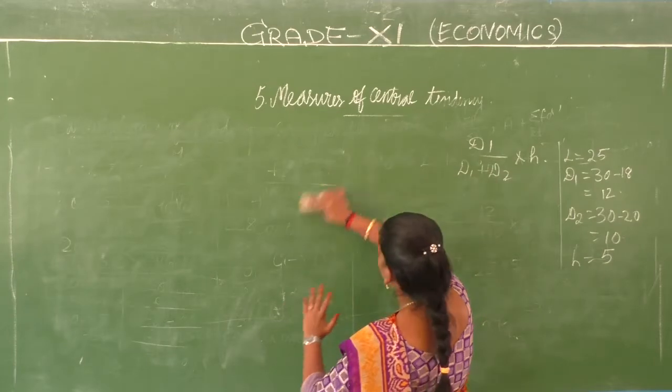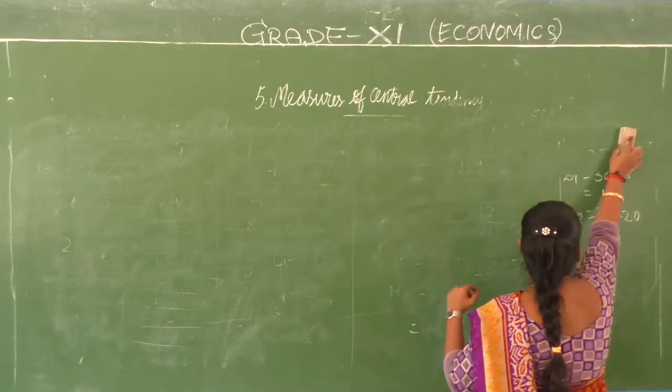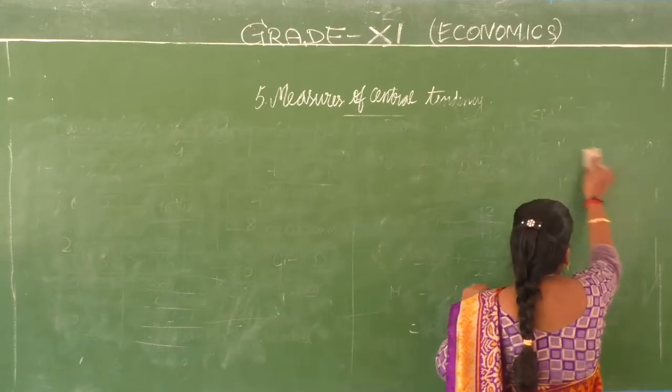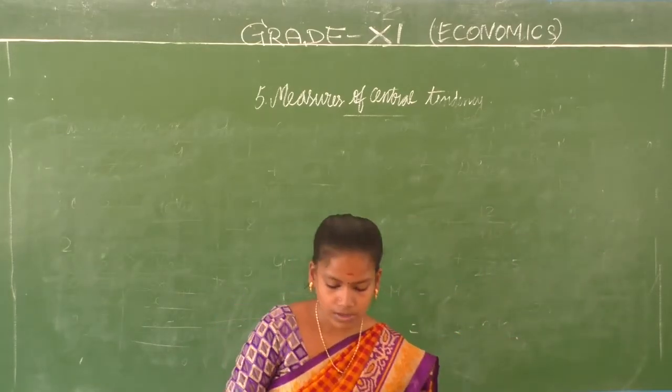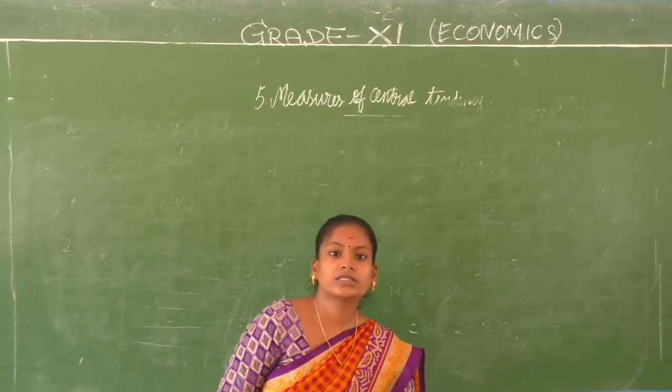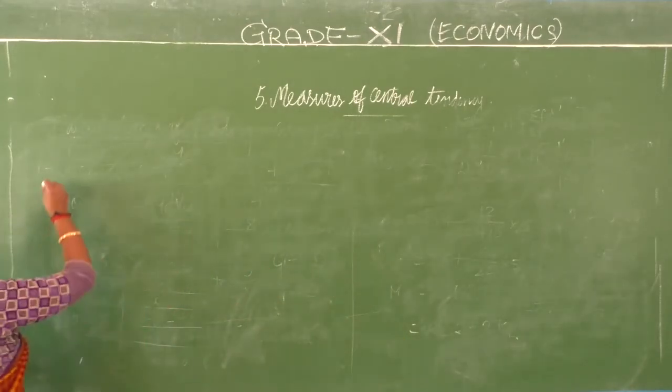I have a problem here. It's not from your book exercise. It's another problem that I found. So we are going to work it out. So what are the relationships we have, children?